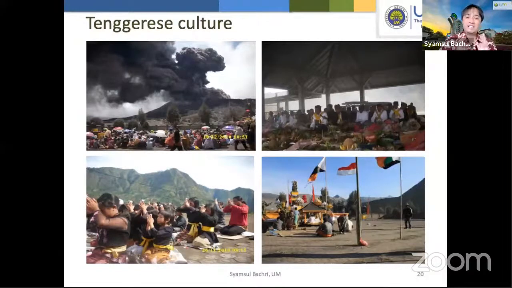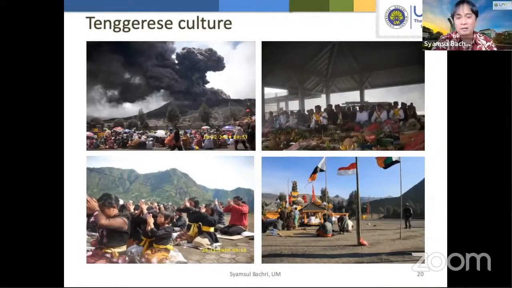how they still offer prayers to the gods, maybe in the Hindu way, even when the disaster happens. It is really interesting when you go to Bromo at Kasada time. Kasada is when they perform these rituals.